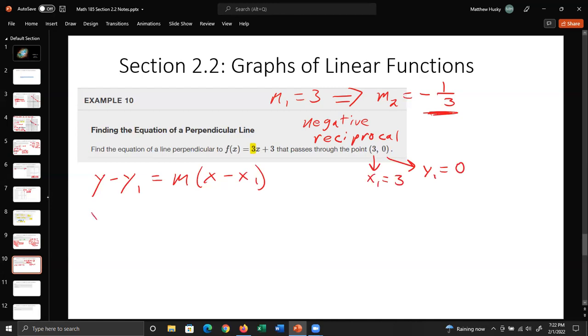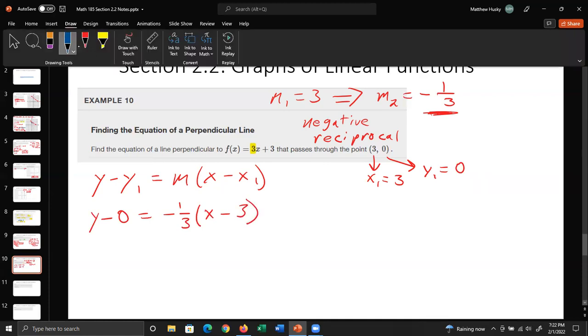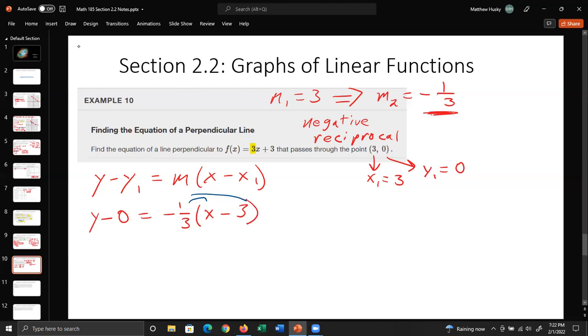So we're going to say y minus 0 equals -1/3 times (x minus 3). We will break out our friendly neighborhood distributive property.